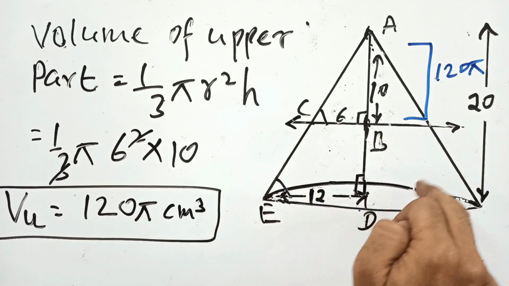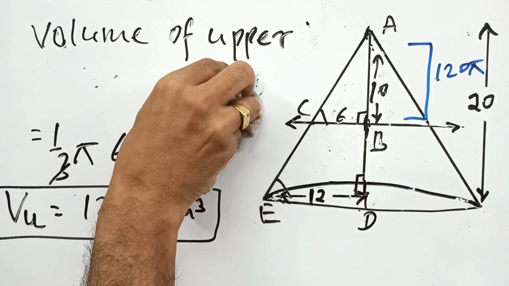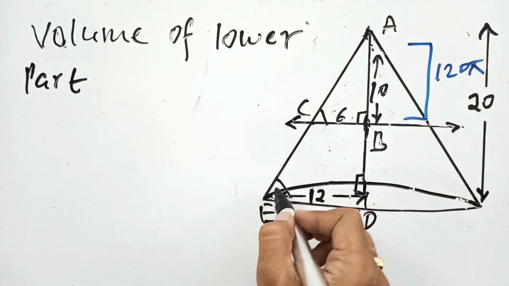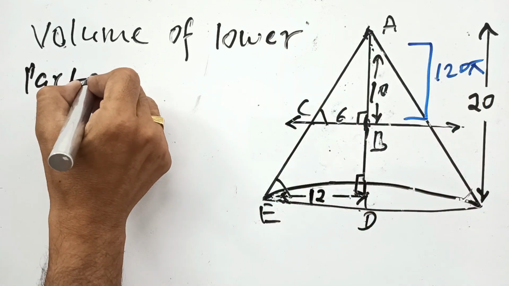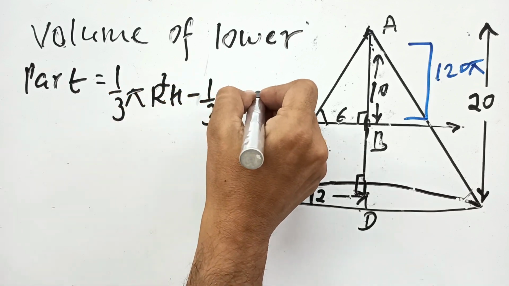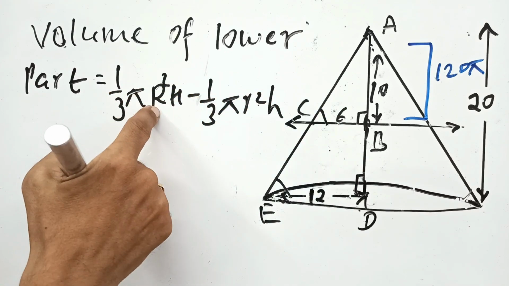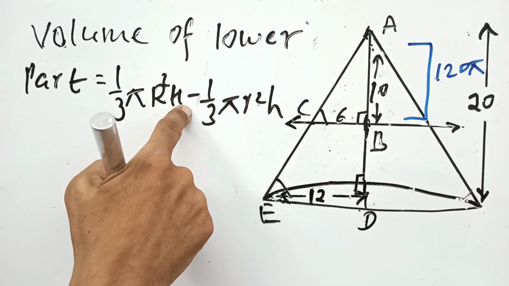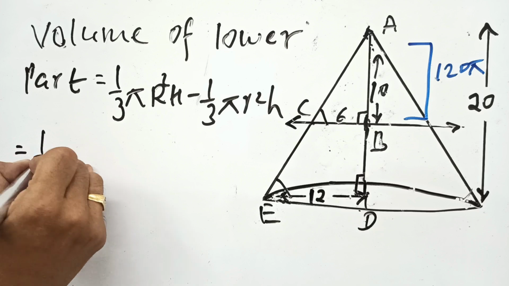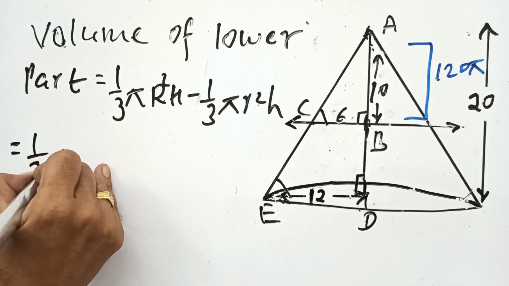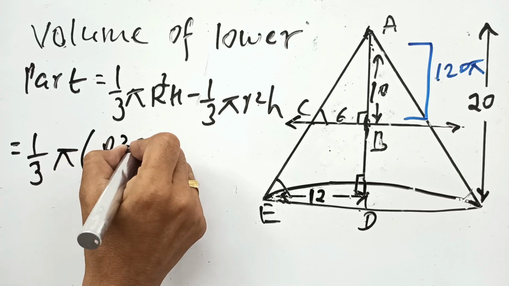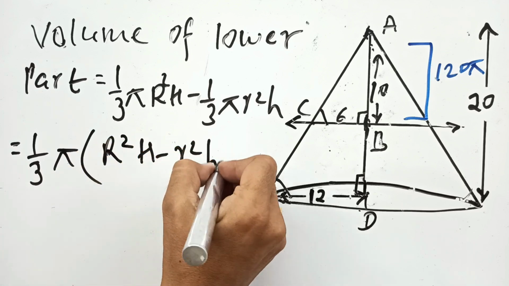Now let us find out the volume of the lower part of this cone. Volume of the lower part is the volume of the bigger cone minus the volume of the smaller cone. One upon 3 pi capital R square capital H, and this is small for the smaller cone. 1 upon 3 pi common, so r square h minus r square h.